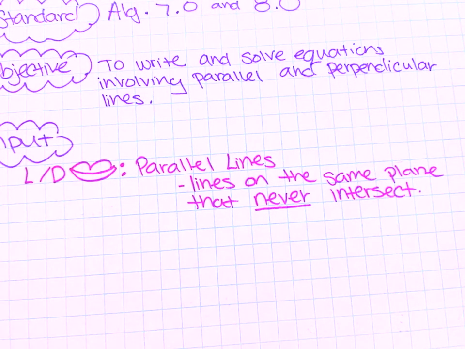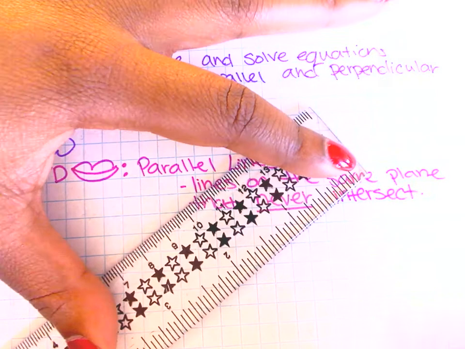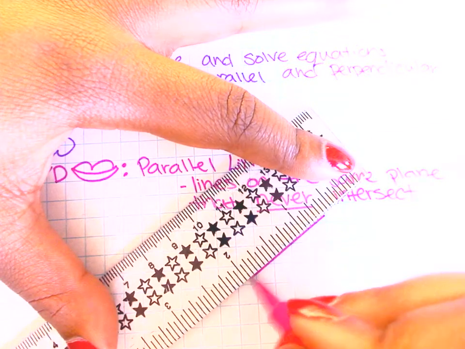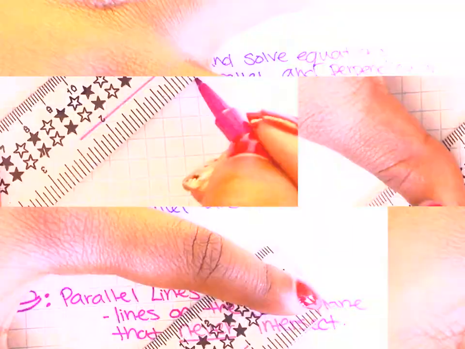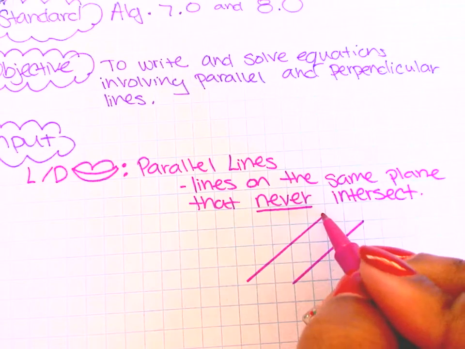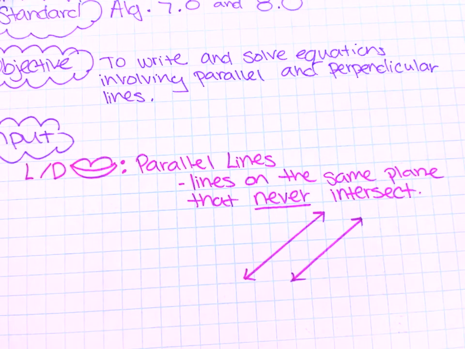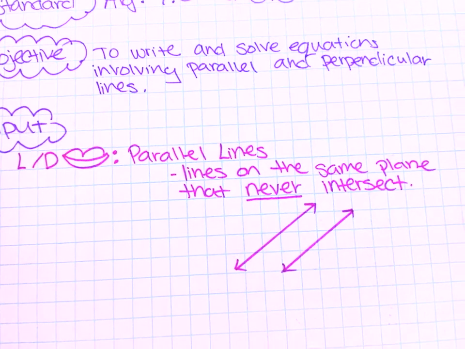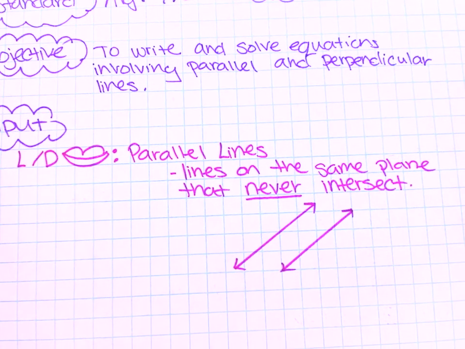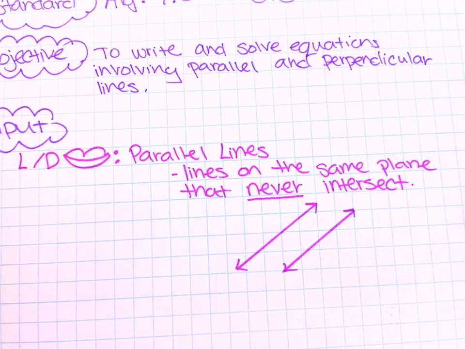Lines on the same plane that never intersect. So, this is an example. Please draw an example of parallel lines. They never cross each other. They never intersect.